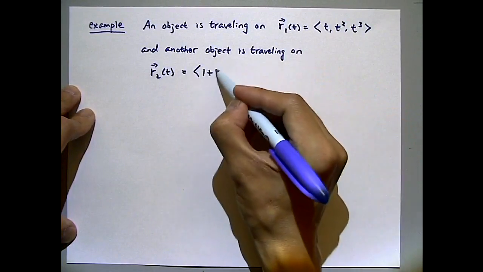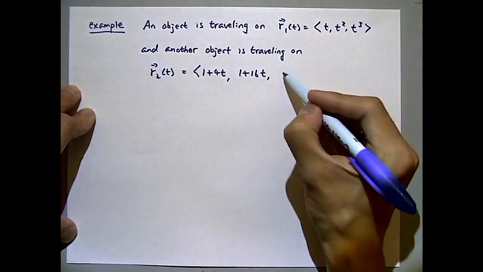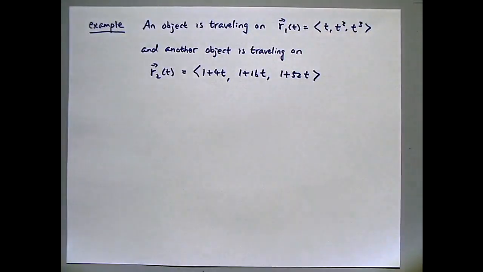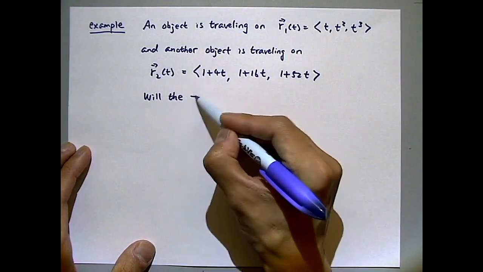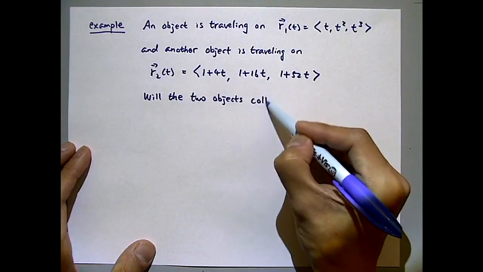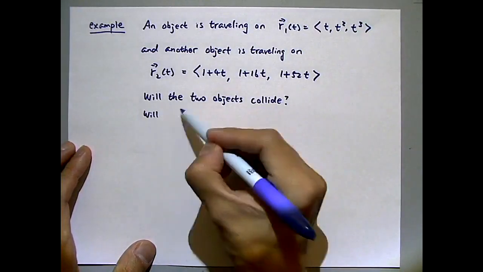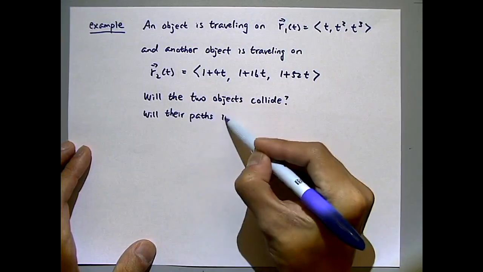This one will make it a line. 1 plus 4t, 1 plus 16t, and 1 plus 52t. Well, do the two objects collide? Well, do their paths intersect?